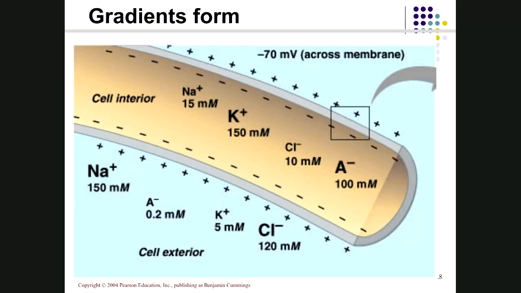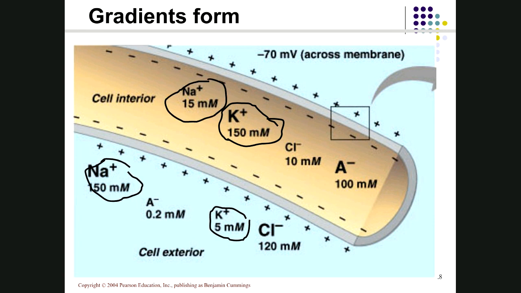So look, this number really doesn't change. This number doesn't change. Same thing here and here. Because again, every time it leaks out, it gets pumped back in. Every time it leaks in, it gets pumped back out. And so if we were to look at it, the levels don't really change.